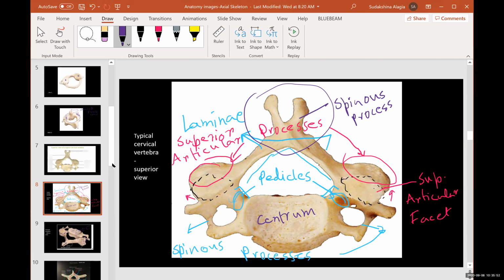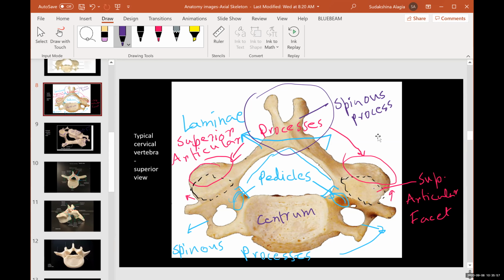Professor, I have a question. I'm assuming maybe it was mislabeled, the spinous process in the blue color. Would you consider the transverse process another type of spinous process? Is that why it's labeled a spinous process? Oh, you know what? I said transverse and I wrote spinous, didn't I? I assume that's what happened.